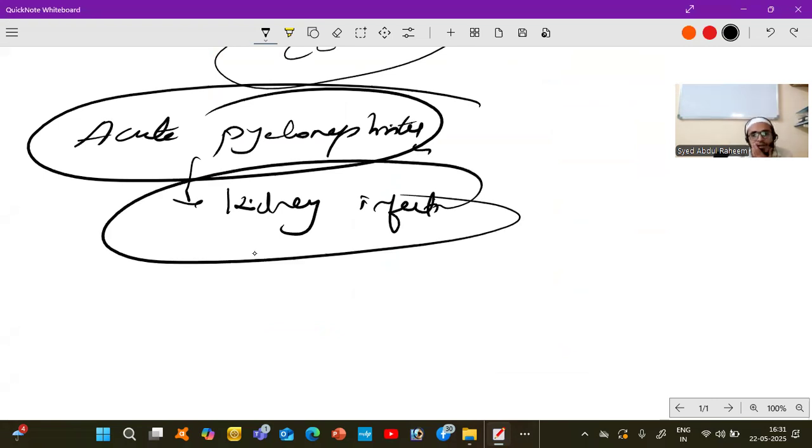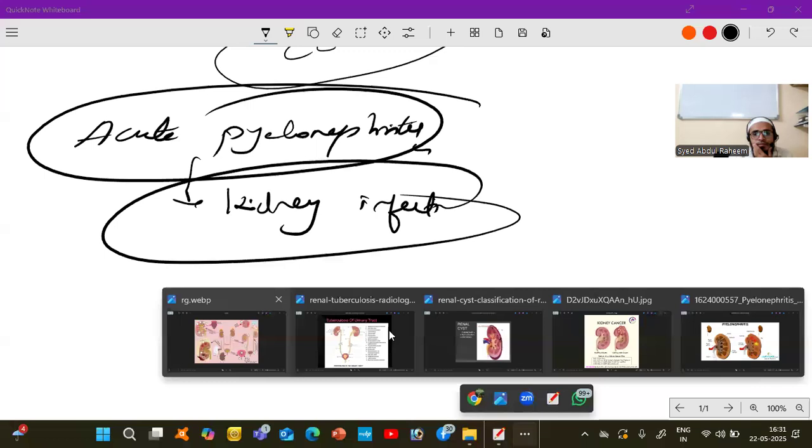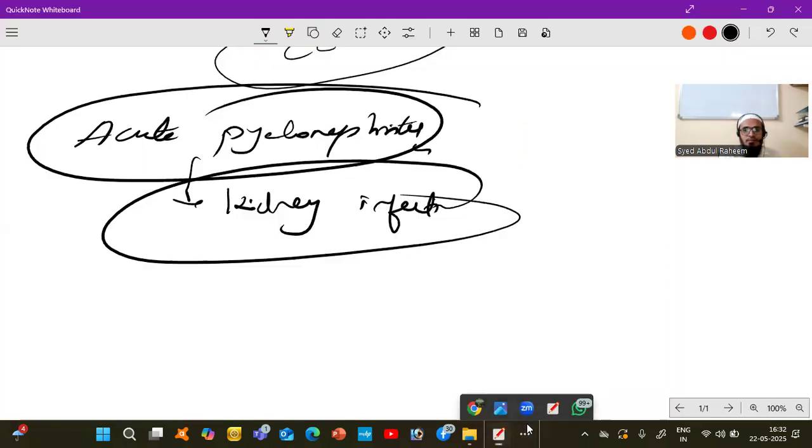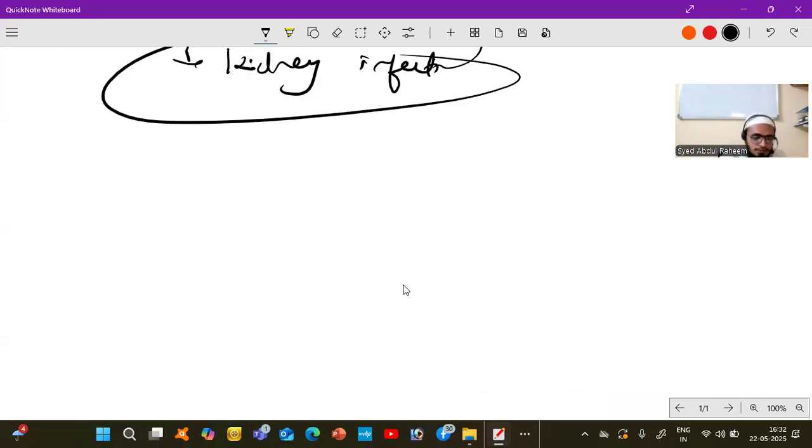You can see the image. Pyelonephritis is an inflammation. You can see pus within the kidney parenchyma.